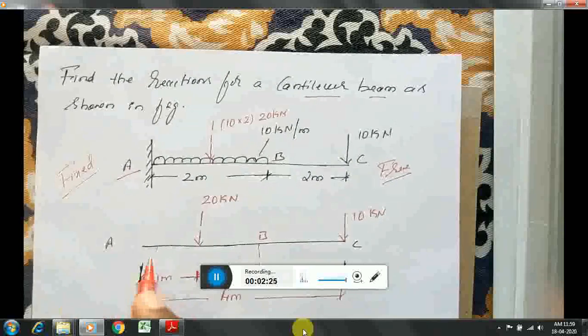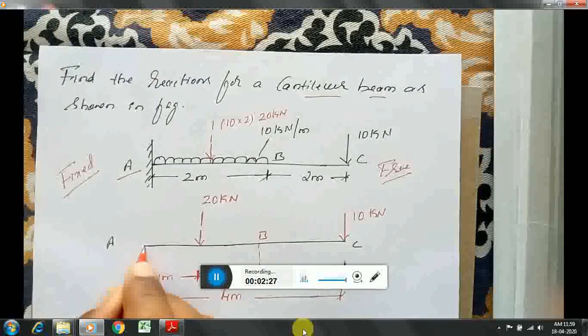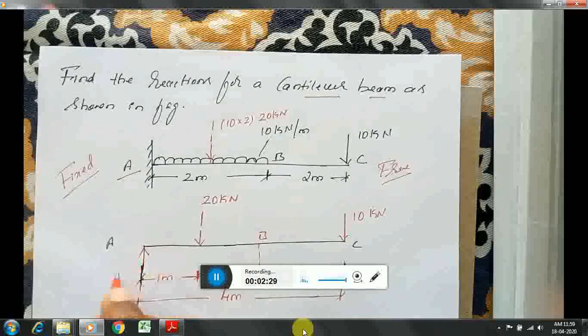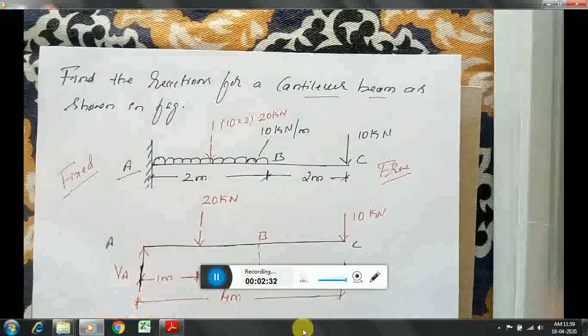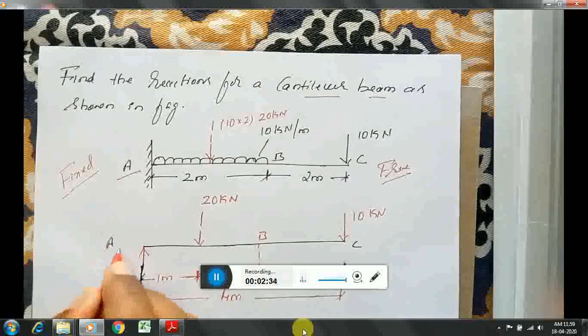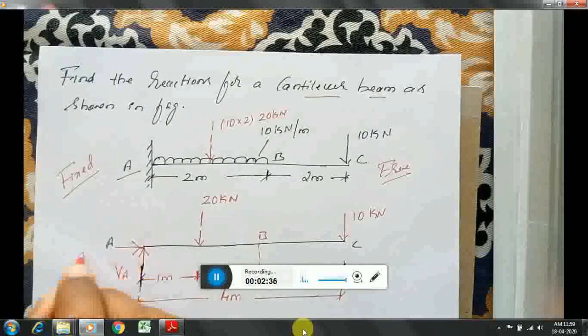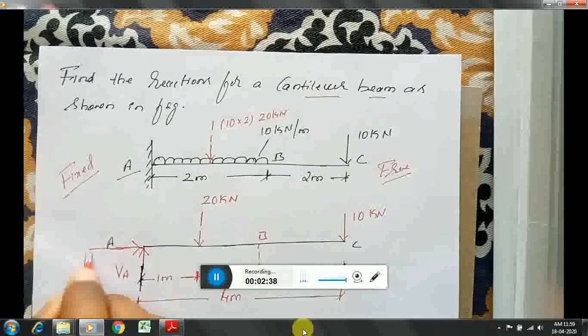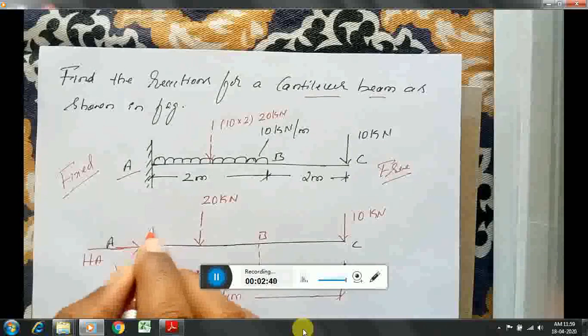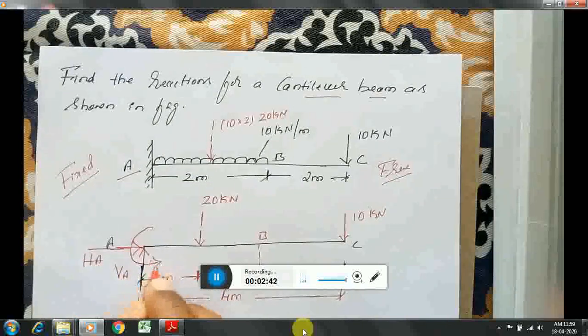Since it is a fixed end at A, we have three reactions. One is the vertical reaction at A, VA. One is the horizontal reaction, HA. Then there is a resisting moment, MA.